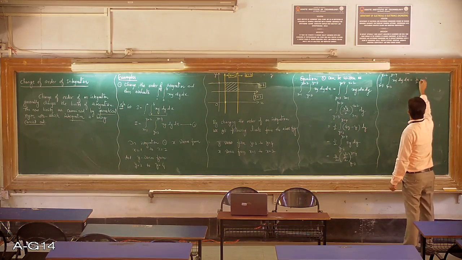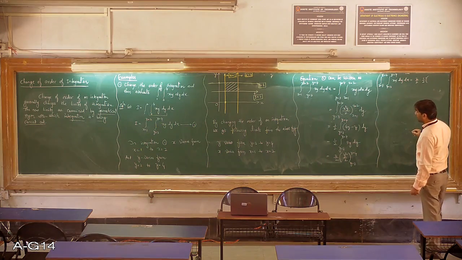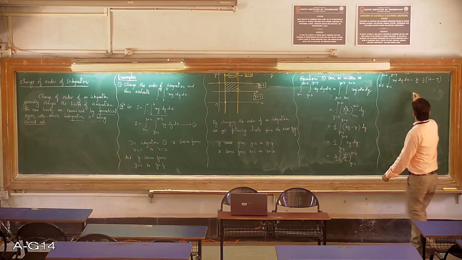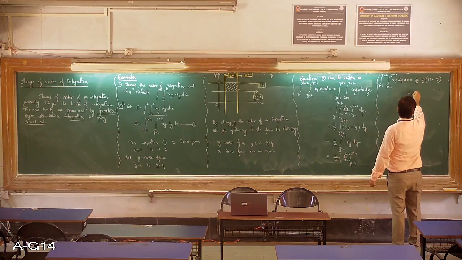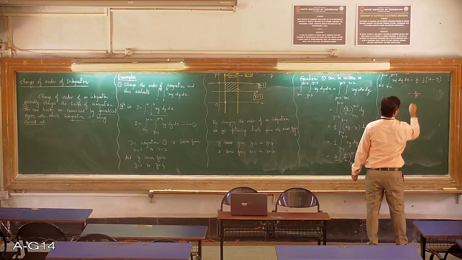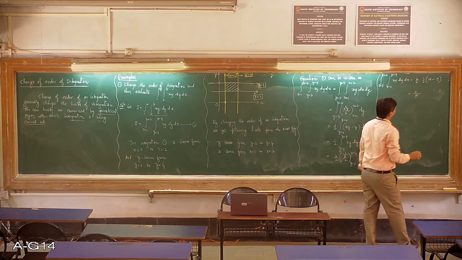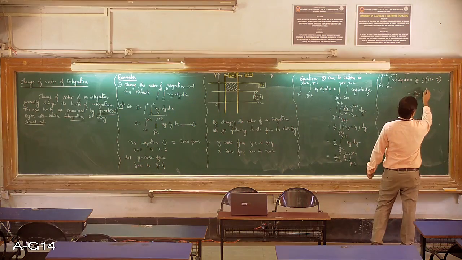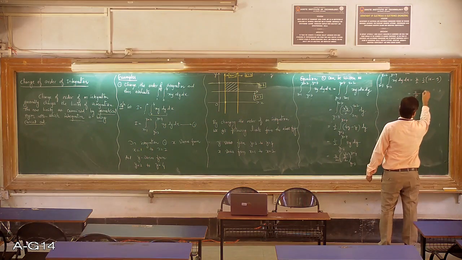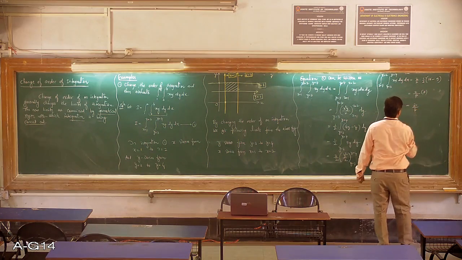So now 1 by 2 also you can keep it outside, and now put upper limit, y equals 4, 4 square is 16 minus 3 square is 9, so which is equal to 3 by 2 into 1 by 2, that is 3 by 4, 16 minus 9. 16 minus 9 is how much? 16 minus 9 is 7, okay, so this is 7, which equals 3 sevens are 21, 21 by 4.